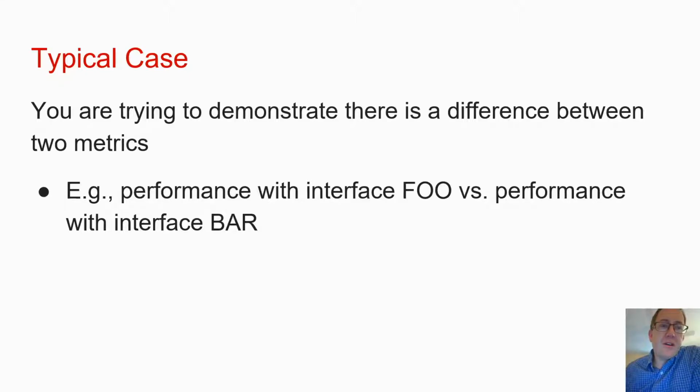So what are we trying to do? A typical case, we might want to check the difference between interface foo and interface bar. For you guys, it might be that I want to see if there's a correlation between the addition of a crosswalk and accidents. Before we had crosswalks and after you have crosswalks.